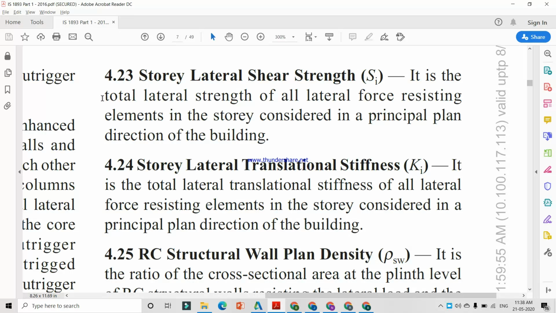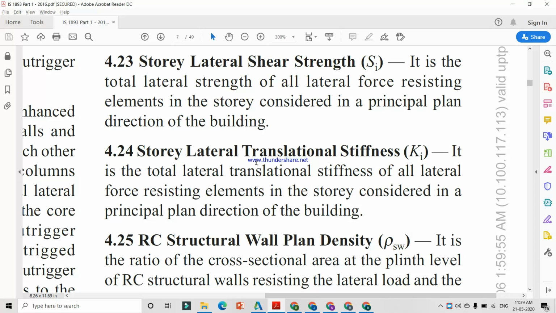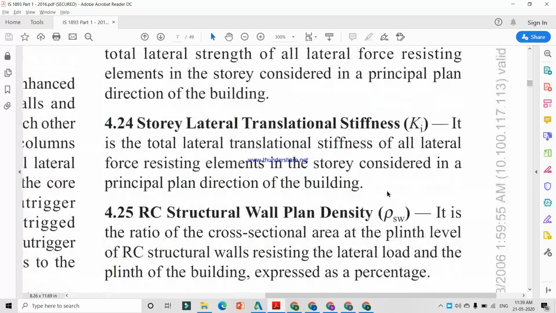That means it is the total lateral strength of all the lateral force resisting elements in the planned direction of the building. Next is story lateral translation stiffness. It is the total lateral translation stiffness of all the lateral force resisting elements in the story under consideration.